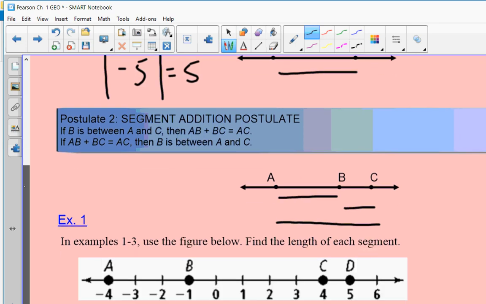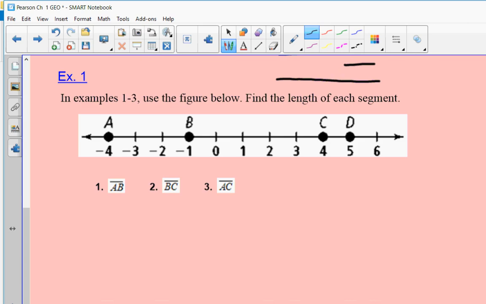We're going to go here and use this number line. I want you to look at what's the distance or length of each segment. So we're looking from A to B. Now remember, that's a positive number between A and B. I could count 1, 2, 3. So the length of line segment AB is 3. From B to C, you could count how far they are away.